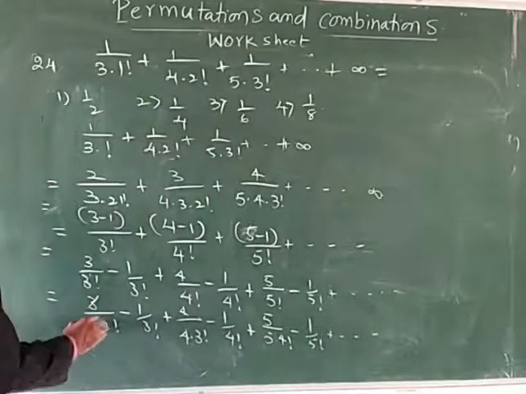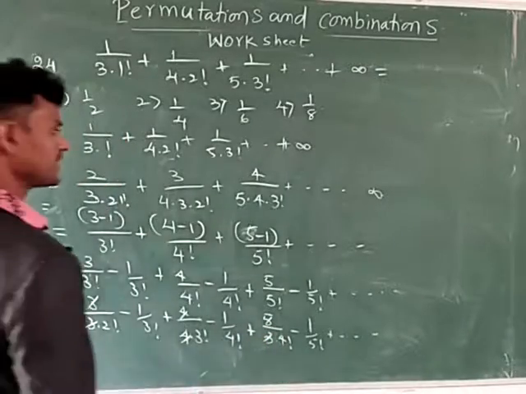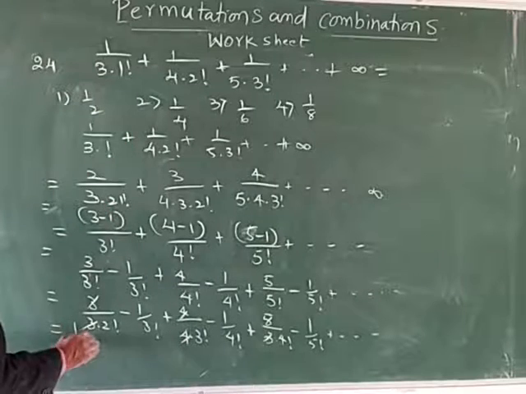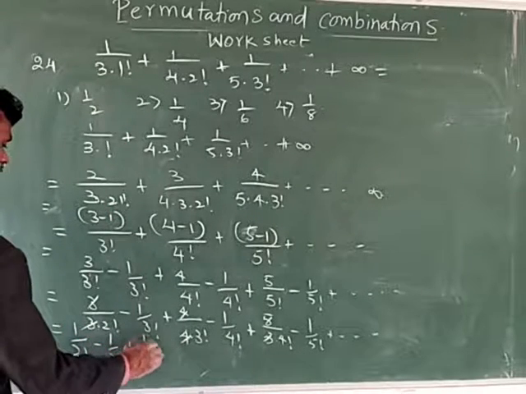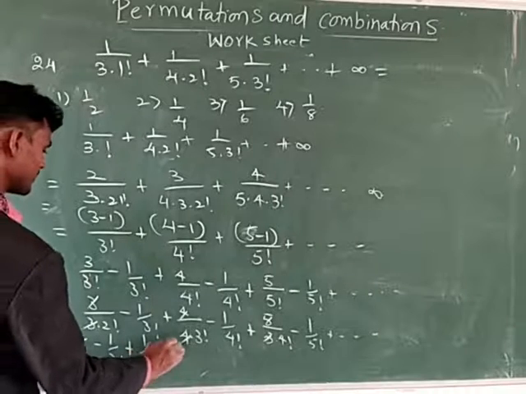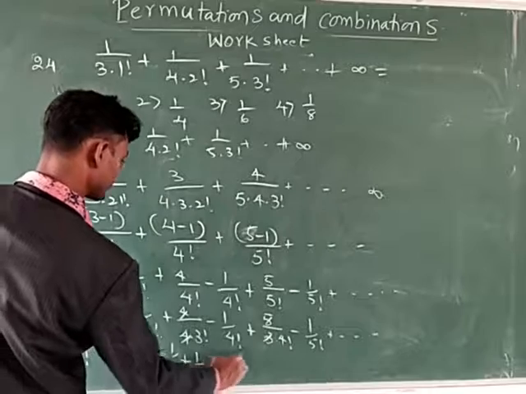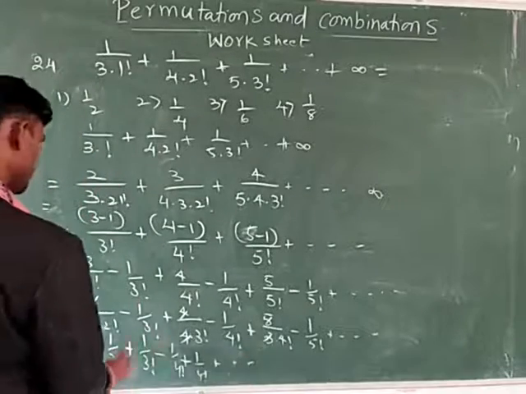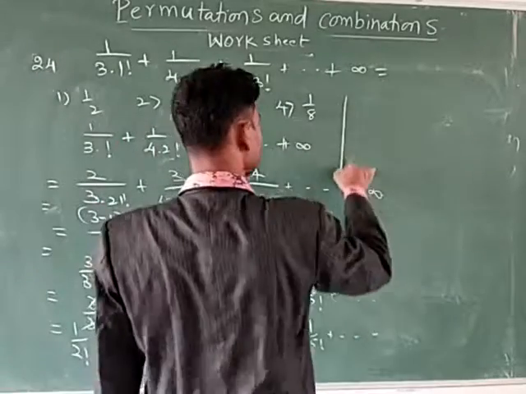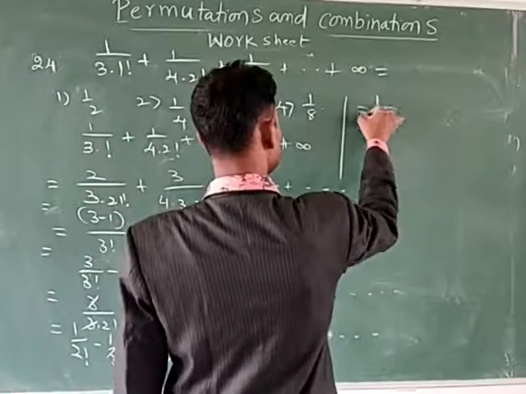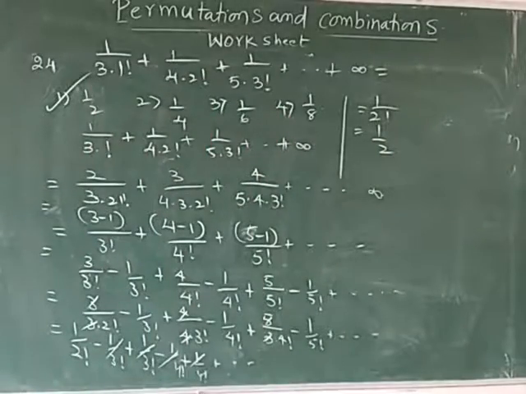Here the terms cancel, and the answer is 1 by 2 factorial, which is equal to 1 by 2. The answer is the first one.